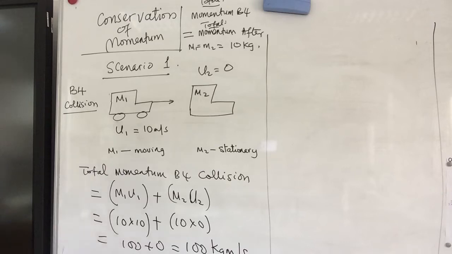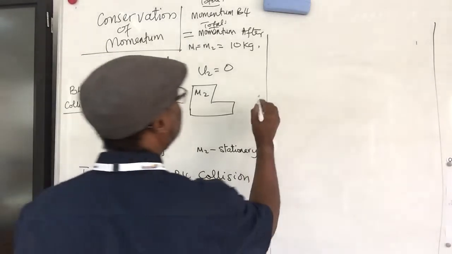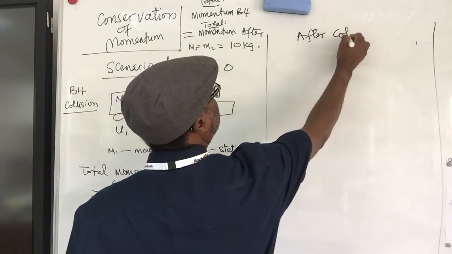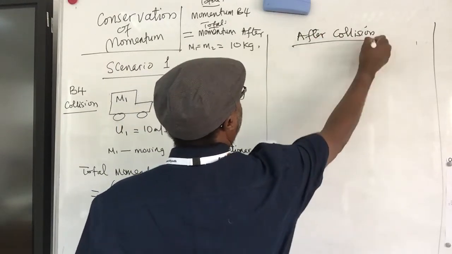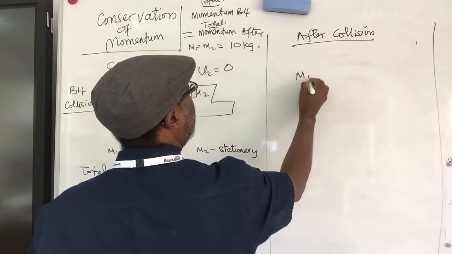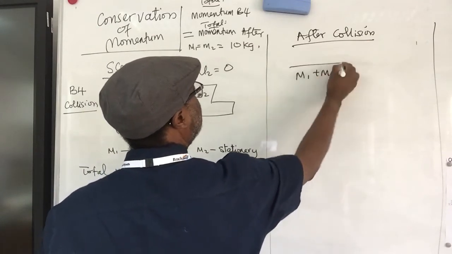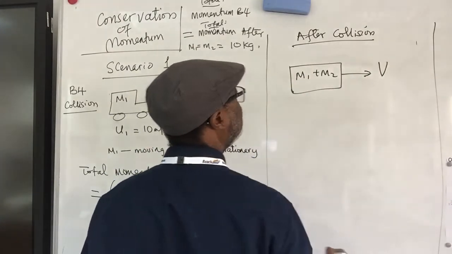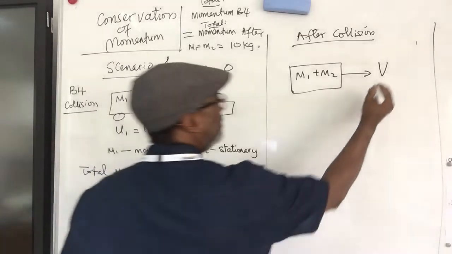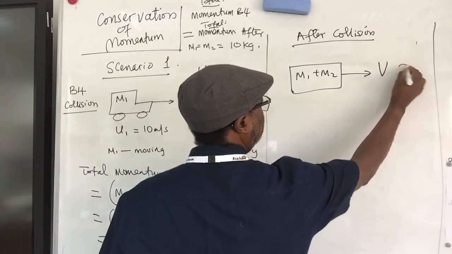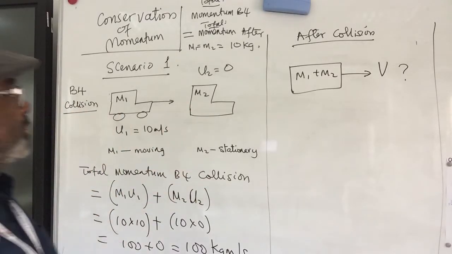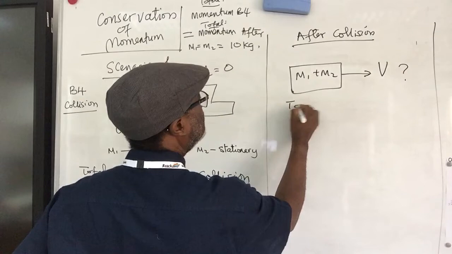Now, let's work out the momentum after. This scenario suggests that after collision, mass m1 joins up to mass m2, and they are now moving at a joint velocity v, which is unknown. So the total momentum after collision can be worked out.